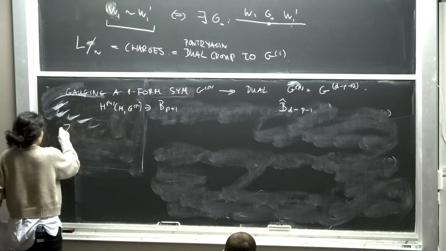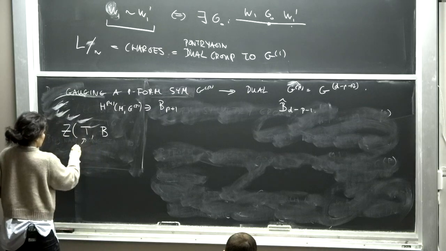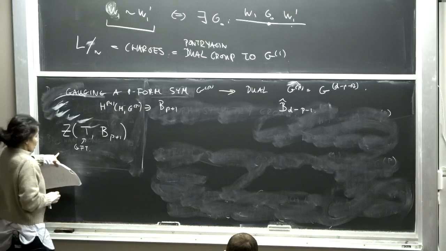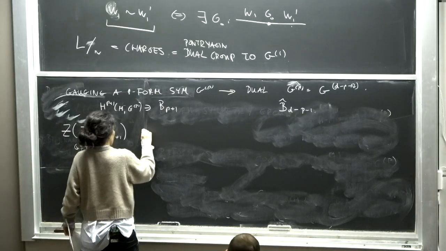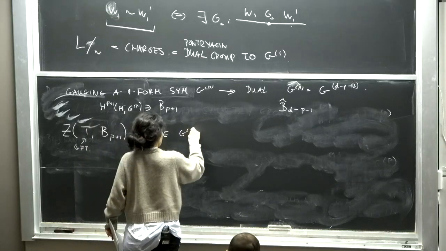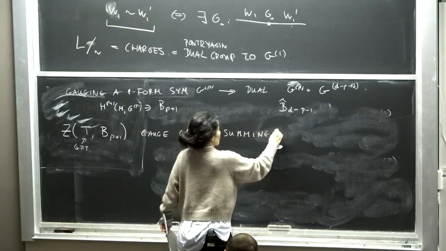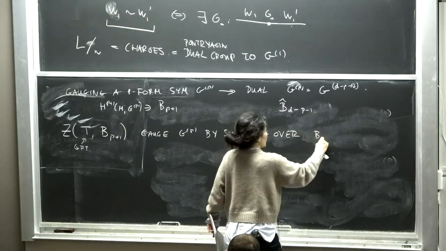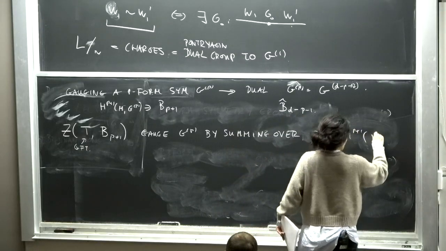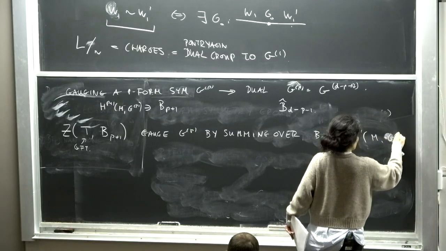If you have a partition function for our theory, this is our QFT, and we couple it to a background field b_{p+1}, we can in fact gauge G^(p) by summing over all b_{p+1}. So there's now a finite set of elements of G^(p).